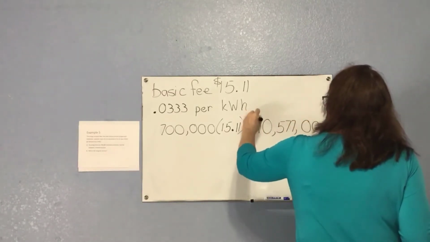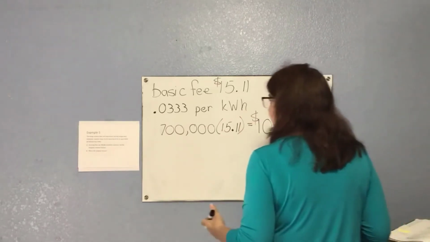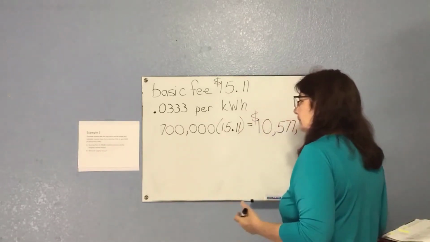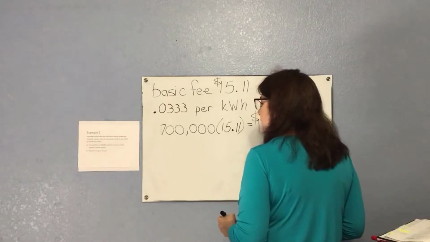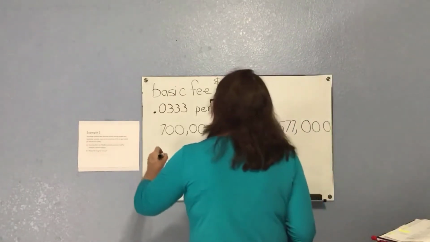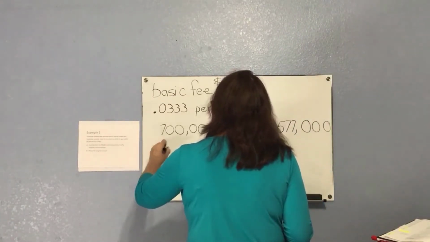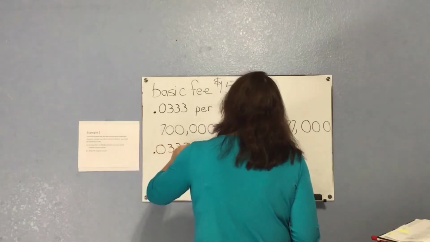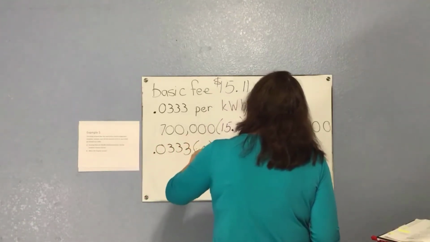Okay, that's just for the basic fees. If X is the total number of kilowatt hours used by all the customers, then we have 0.0333 times X.